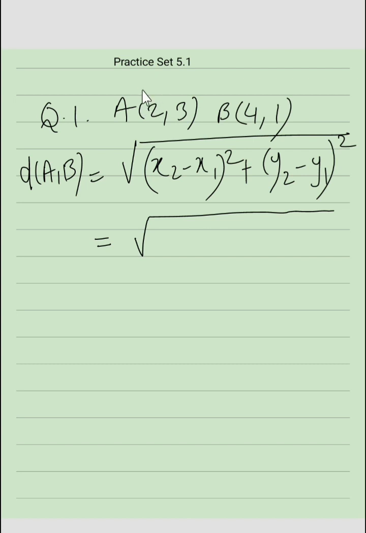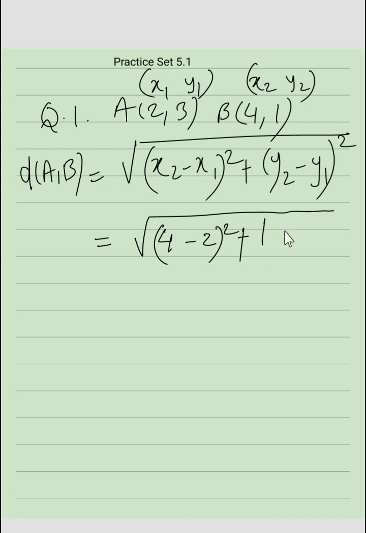In the first case, first coordinate A is 2 comma 3, this point is x1, second point is y1. Now in the next bracket, the first point is x2, second point is y2. Okay, you can mention it over here so that you can write it properly. x2 minus x1 is nothing but 4 minus 2, bracket square, plus y2 minus y1 is nothing but 1 minus 3, this whole square.